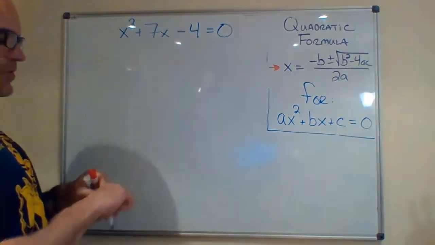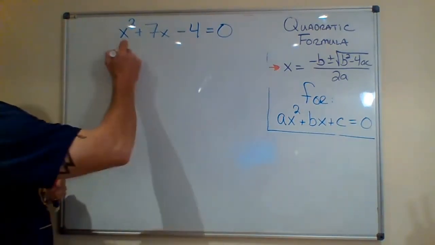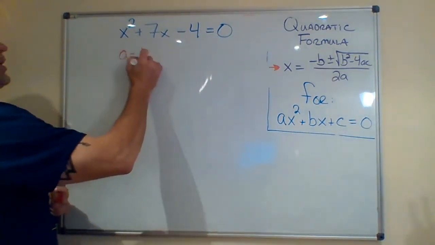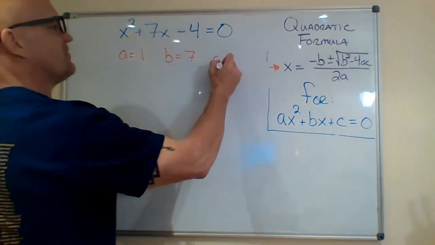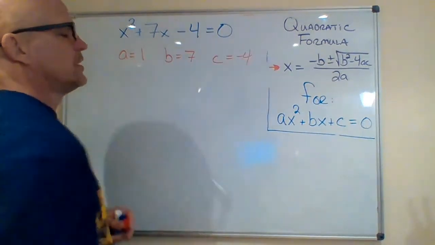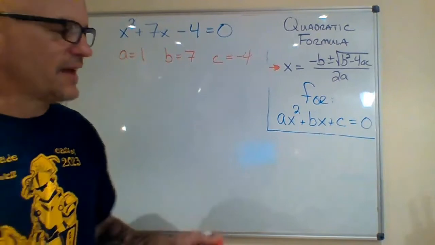So again, I'm going to identify my a, b, and c value. My a value is 1. My b value is 7. And my c value is -4. Once you identify those, put it into your formula, simplify. That's it.